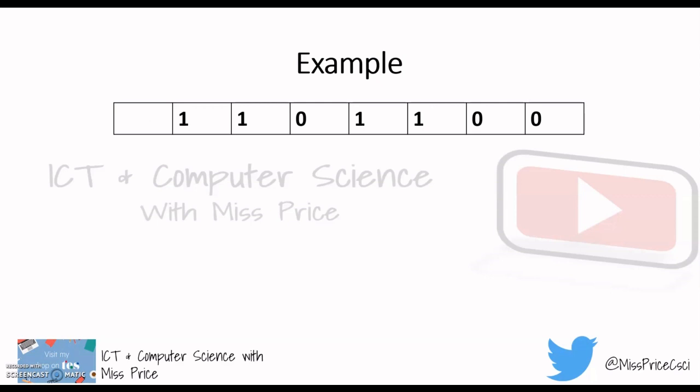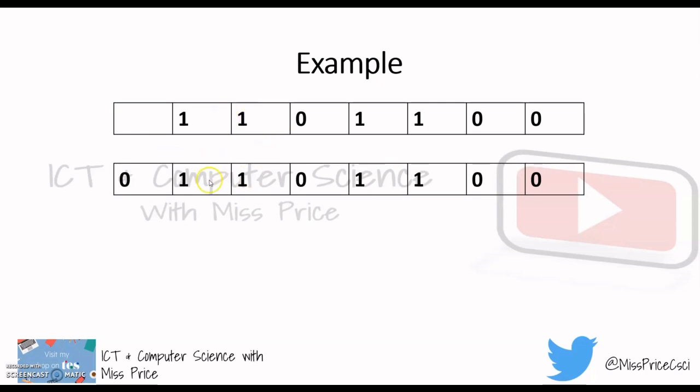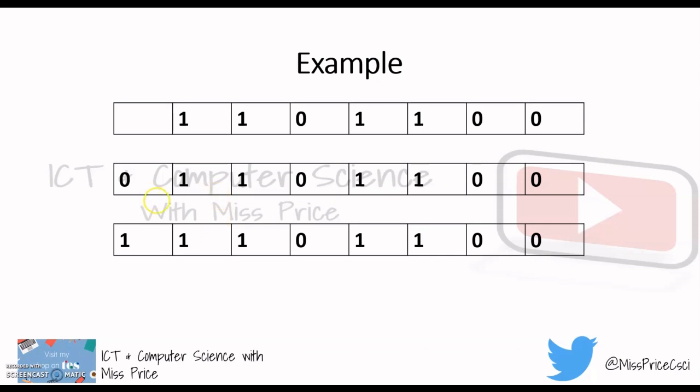But if they agree to an even transmission, then the parity bit here will be 0. Here's an example of an even parity agreement, where you can see there's 1, 2, 3, 4 bits. And here is an example of an odd parity agreement, because you can see, sorry, I lost my mouse, 1, 2, 3, 4, 5.